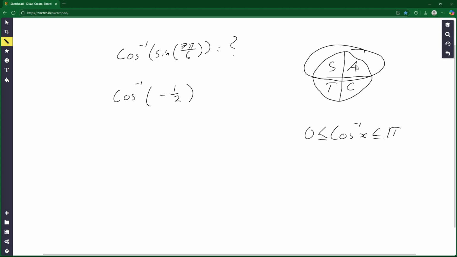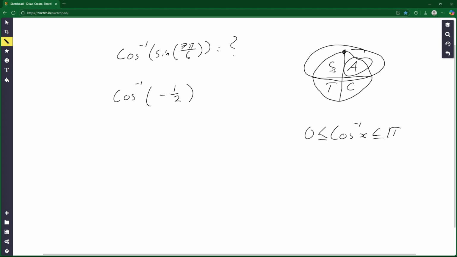That is going to be everything up here. Again, we cannot have it in this first quadrant because it is going to be positive. We need it to be negative. So what does that mean? We need to have it past this point. We need to have it past pi over 2.